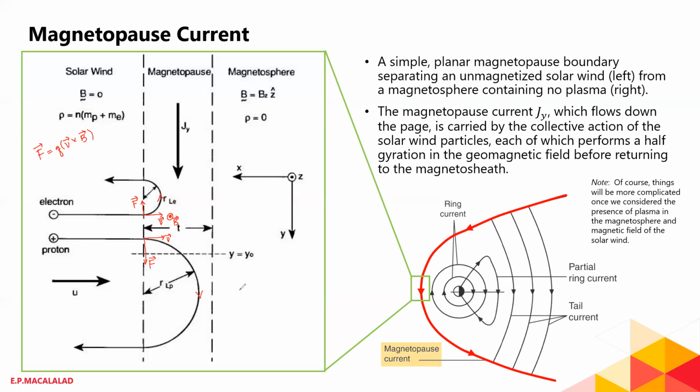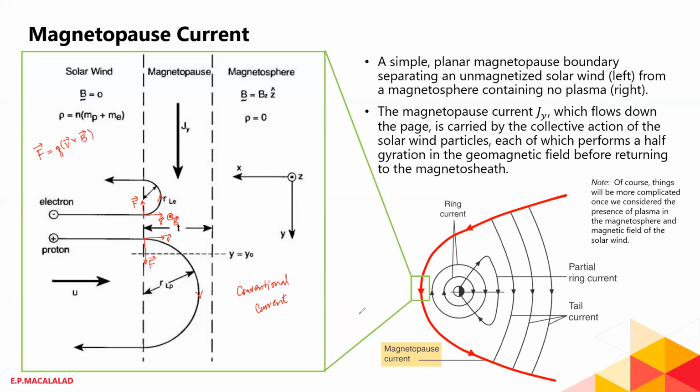Conventional current says, in electricity, in order to determine the direction of the current, conventionally we use the direction of your positive particles.